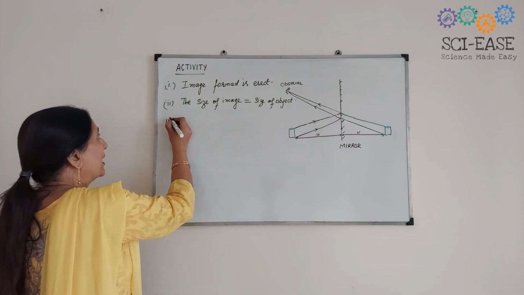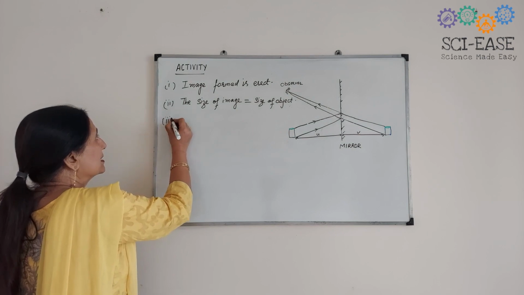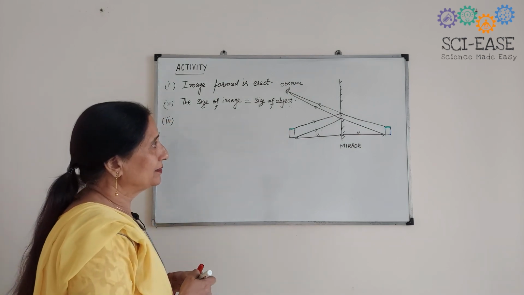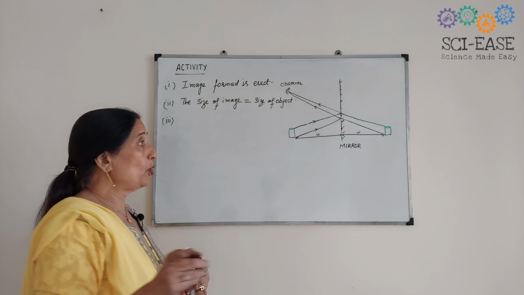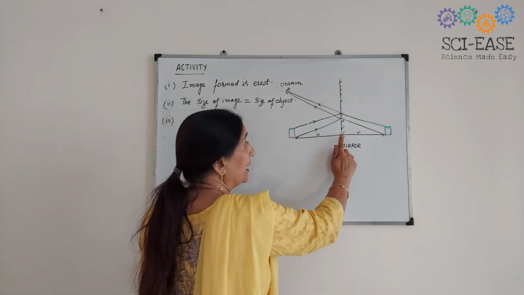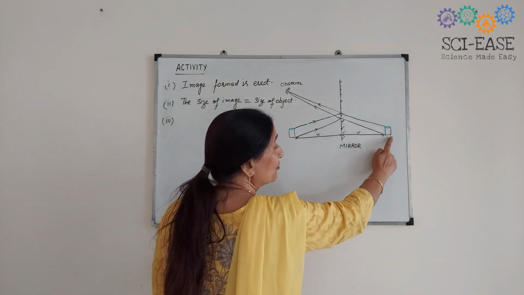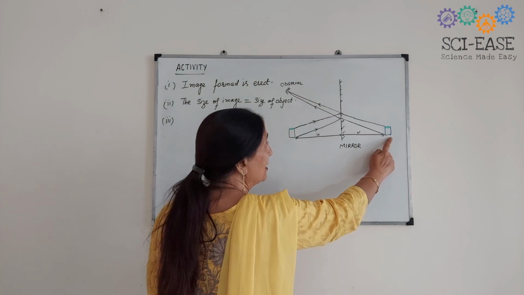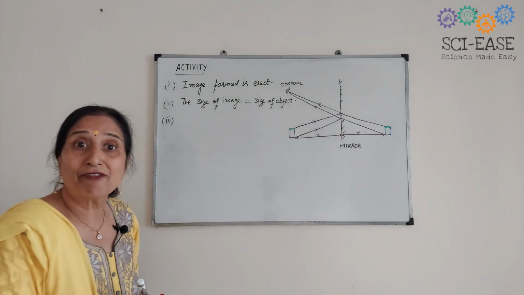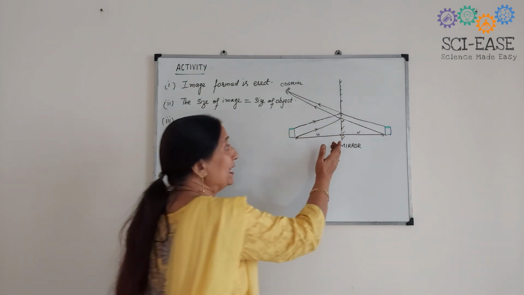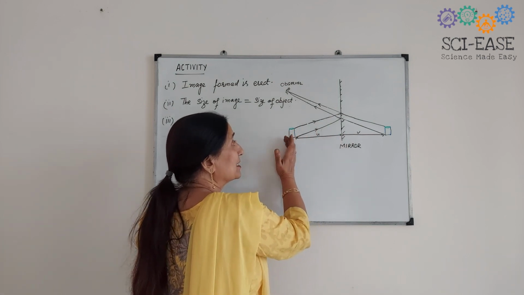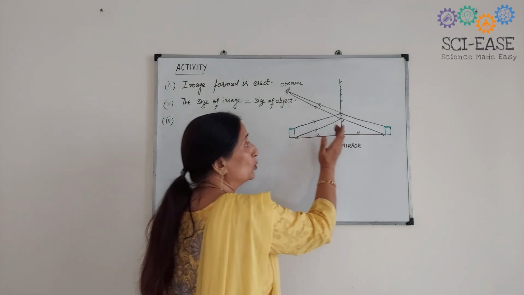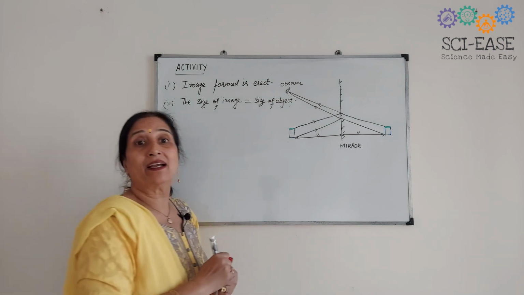The third point here is what? The image formed is as far behind the mirror as the object is in front of it. जितनी ऑब्जेक्ट आगे है मिरर के उतना ही इमेज पीछे बनेगा.